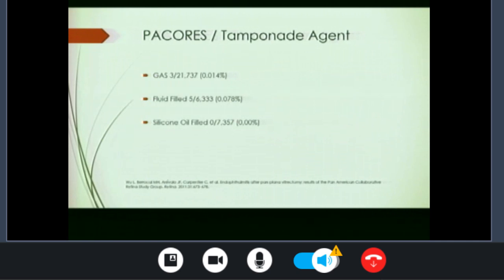So about 2/3 of their patients were tamponaded with air or gas, and only a quarter with fluid and a quarter with silicone oil. So myself, when I do oil removals, like Dr. Hassan was saying, I usually like leaving them under air. Even the first day, they will be a little bit hypotonous, but I'd rather have some type of tamponade in there than just BSS.